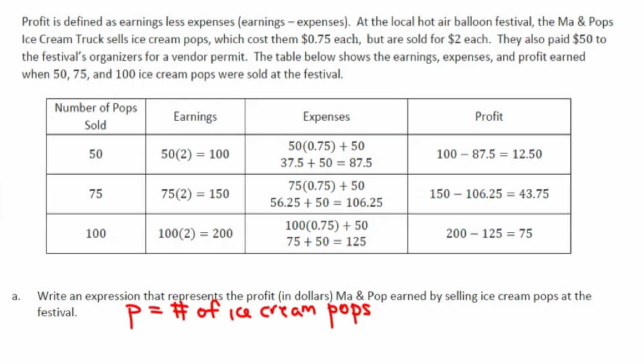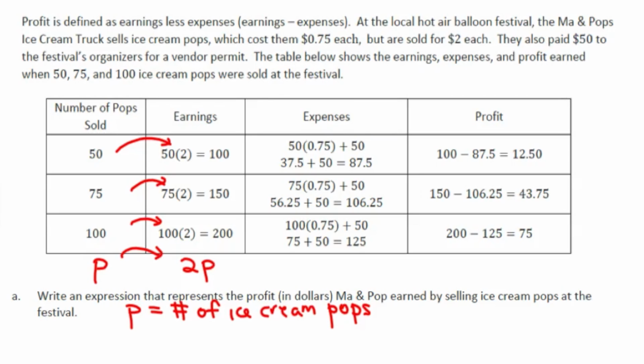Let's try to find an expression for the profit we'll get for selling these P ice cream pops. Well, what we know is they earn $2 for every pop that they sell, which is why 50 pops gives them $100, 75 gives them $150, and 100 gives them $200. So if we have P pops, we will have 2 times P in our earnings.